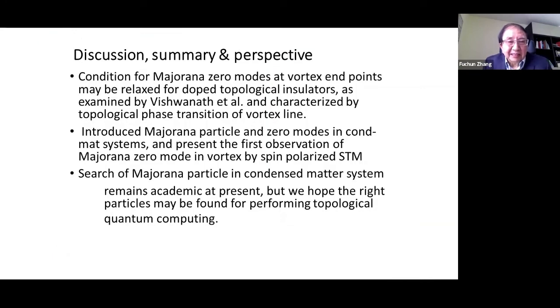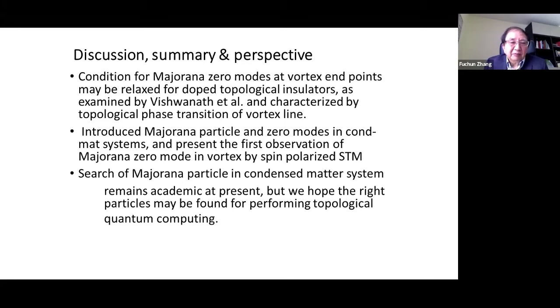Now, that's my last slide. And I would like to mention that the condition for Majorana zero mode at the vortex end points may be relaxed for doped topological insulators.